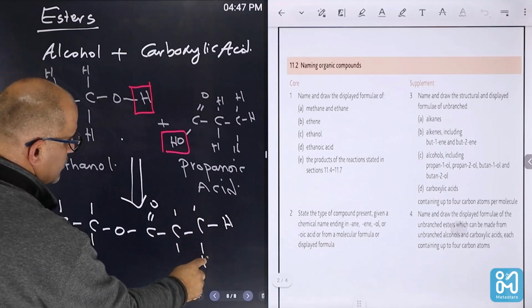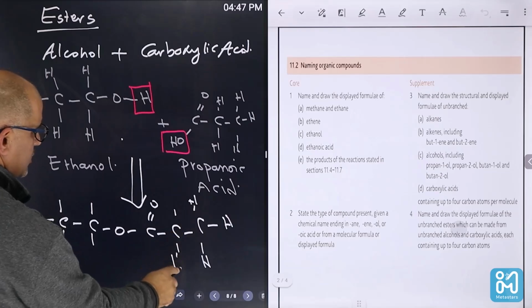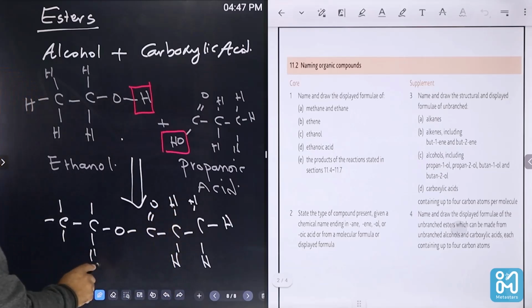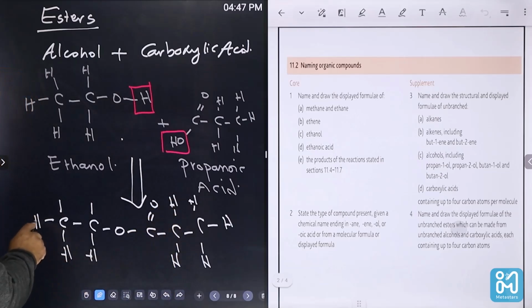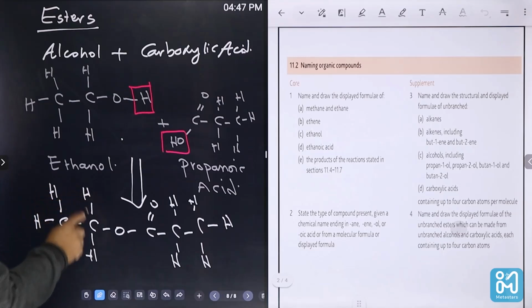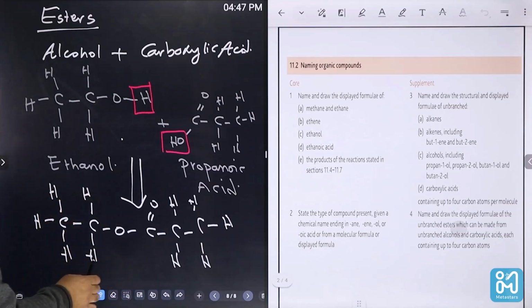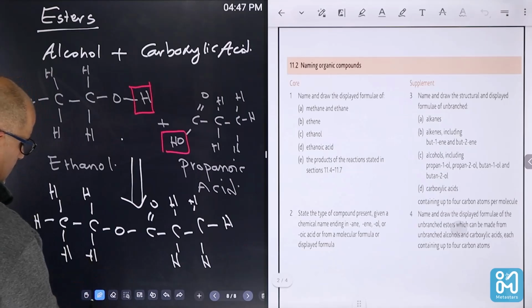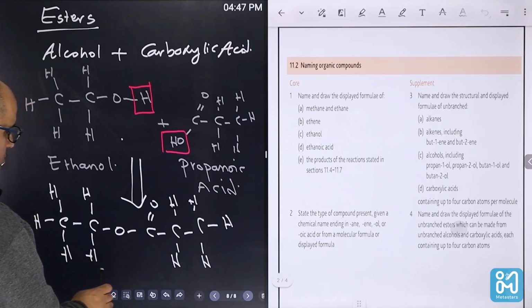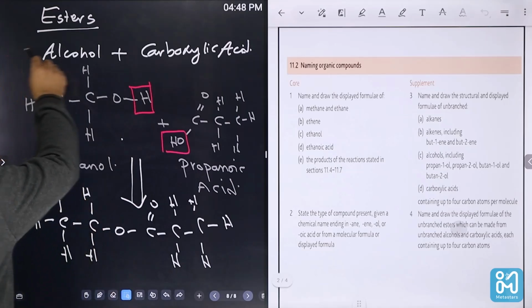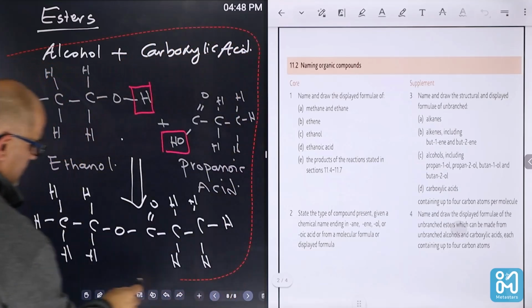Now, to name the esters, you shall start with the alcoholic part and then the carboxylic acid part. So the name of this ester is like that.